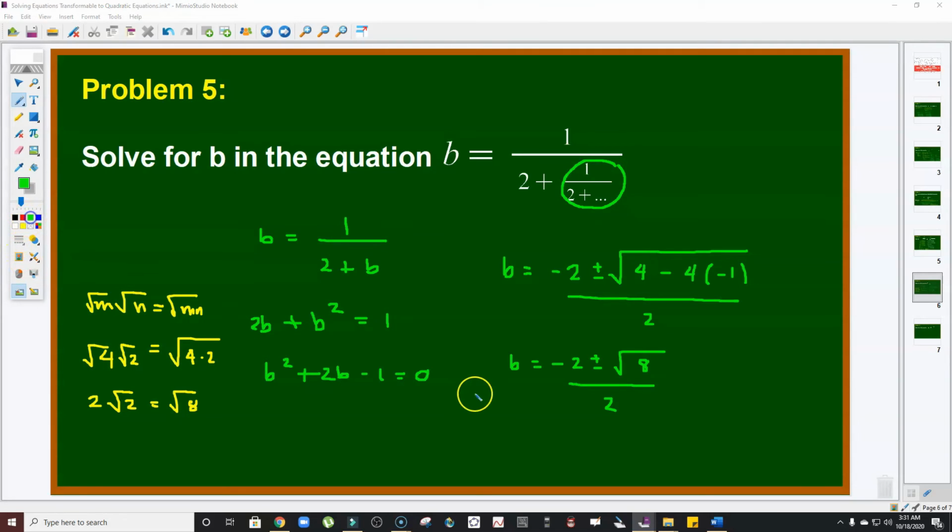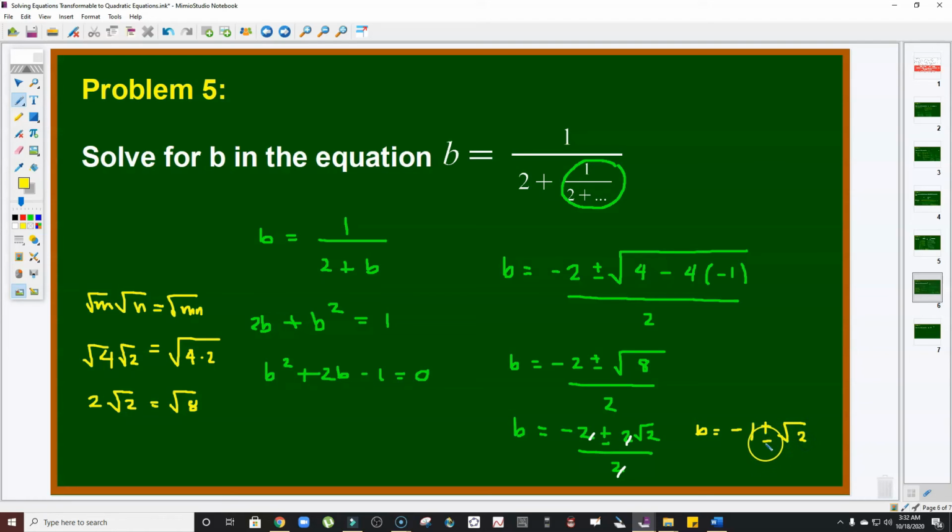So, I can rewrite this as b equals negative 2 plus minus, the square root of 8 once again, that's 2 square root of 2, all over 2. And clearly, I can cancel the 2s. So, therefore, my final answer here is b equals negative 1 plus minus square root of 2.